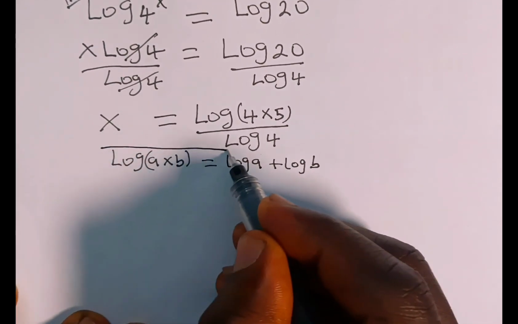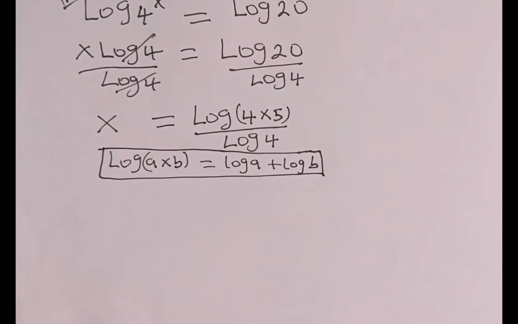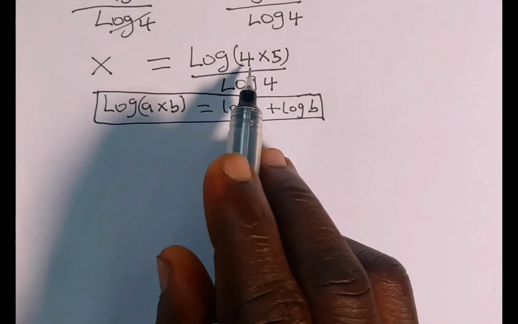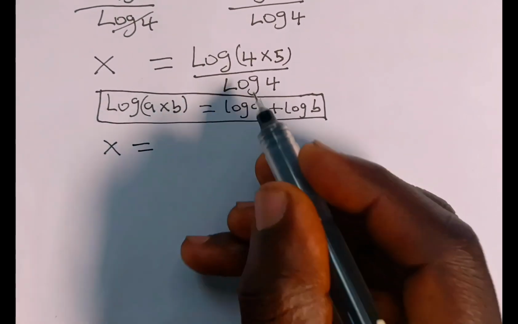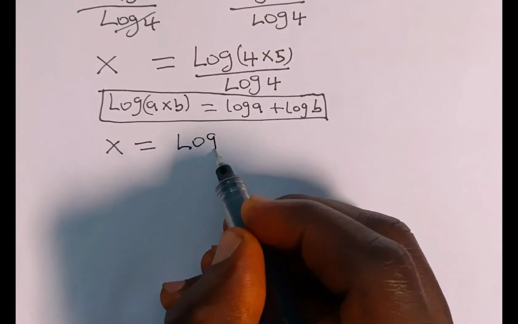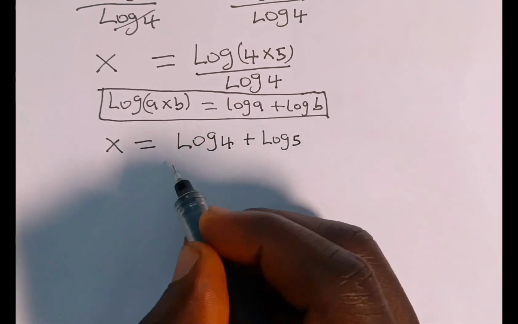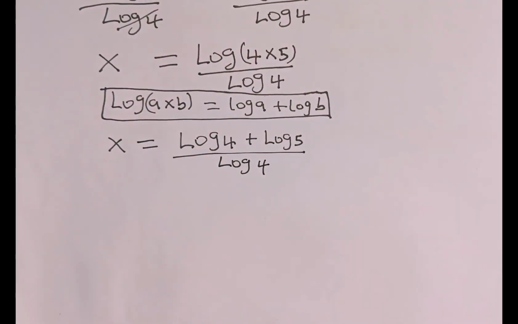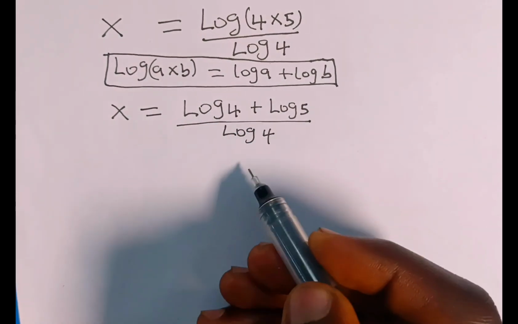This is the property we are going to apply to the numerator on the right hand side, so that we can write log 4 multiplied by 5 as log 4 plus log 5. So x will be equal to log 4 plus log of 5, then everything all over log of 4.